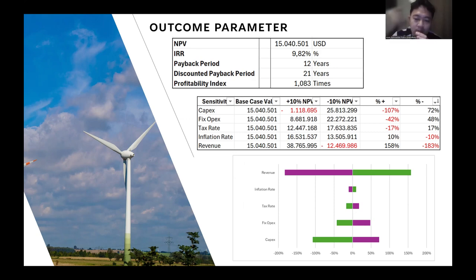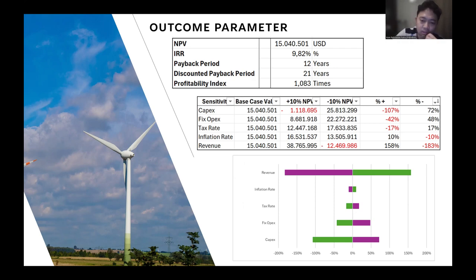And if we put minus 10% of the capex from 181 million, the NPV increases from 15 million to 25 million.